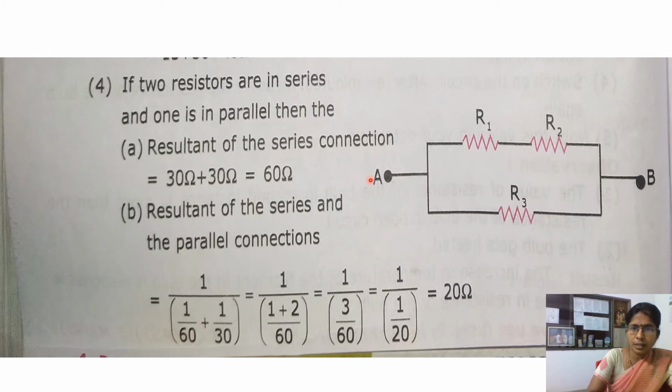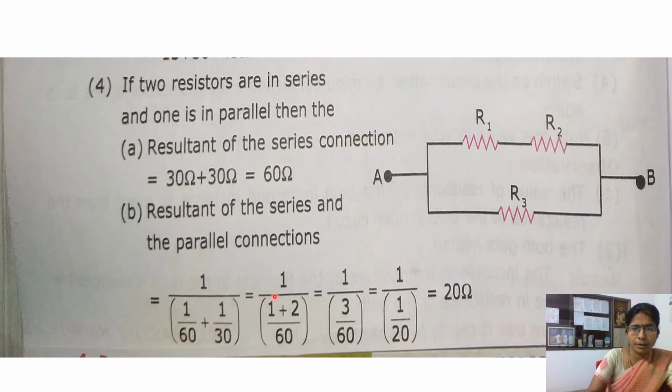But these are connected in parallel to R3. Then the equivalent resistance in parallel combination is 1 by 60 plus 1 by 30. Let's simplify these two fractions.